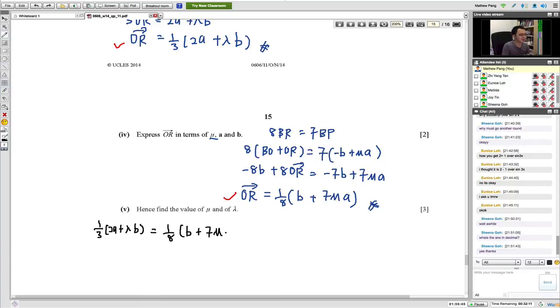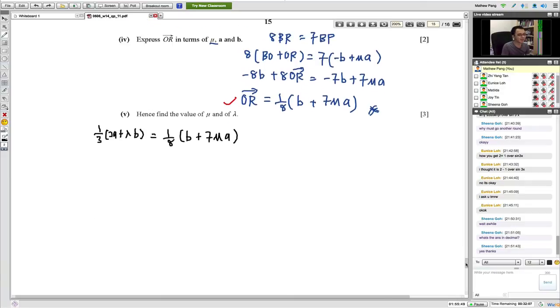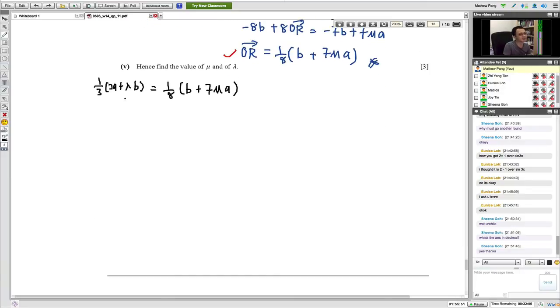Then you have to do the comparison for a and b. So before comparison, I will actually just substitute first. So this is 2/3a plus lambda over 3b equals to, this one I will solve the a first, so it will be 7 mu over 8a plus 1/8b.